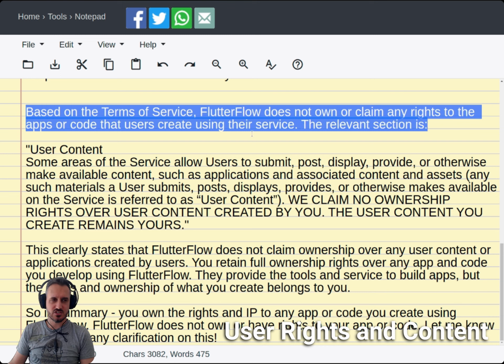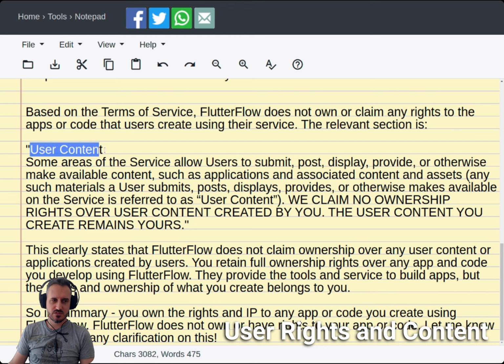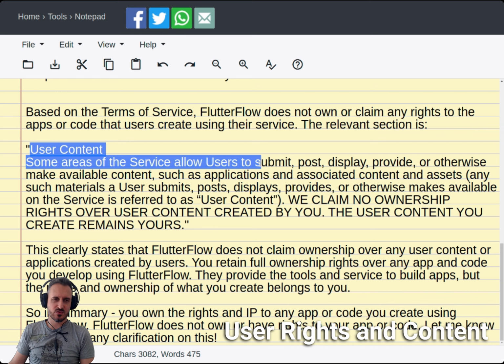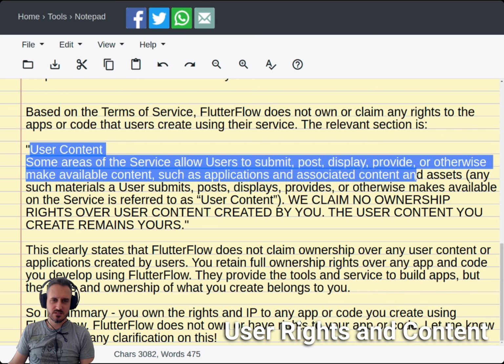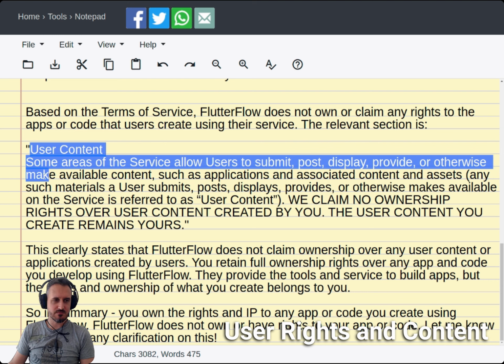The related section is this one, which says user content: some areas of the service allow users to submit, post, display, provide, or otherwise make available content such as applications and associated content and assets.